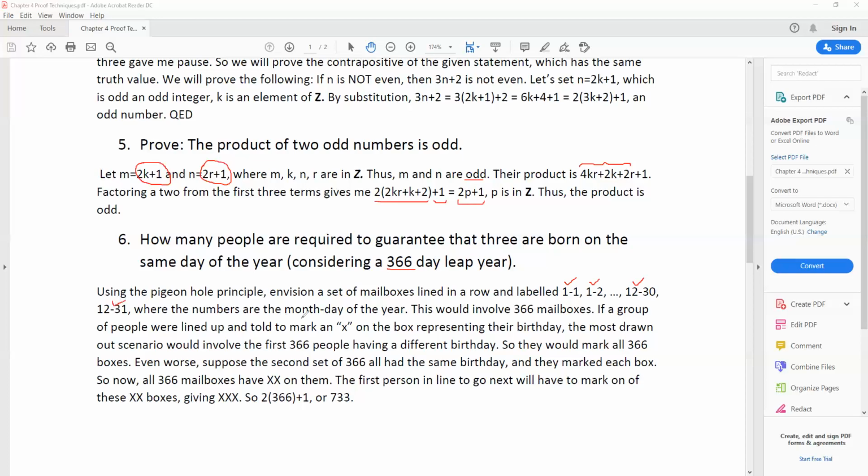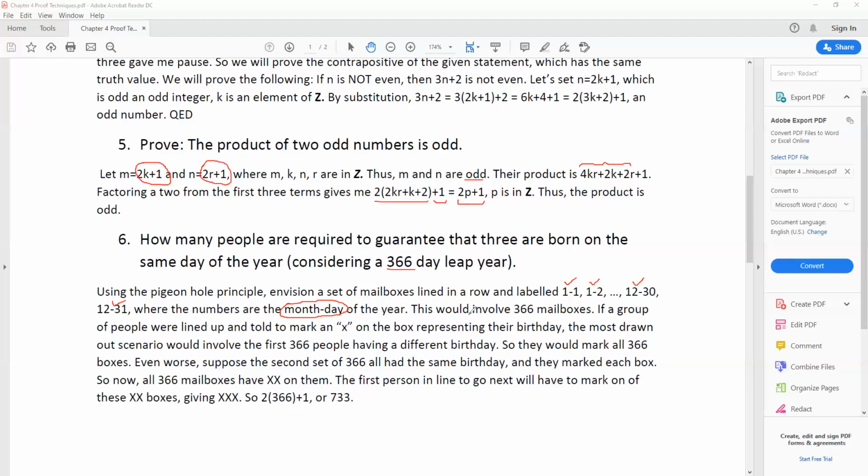Now, this is just a month-day illustration. In other words, the mailbox labeled 11 is for those who have January 1st birthdays. 12 would be the January 2nd birthdays. And finally, 1231 would be those who have December 31st birthdays. So we have 366 labeled mailboxes.